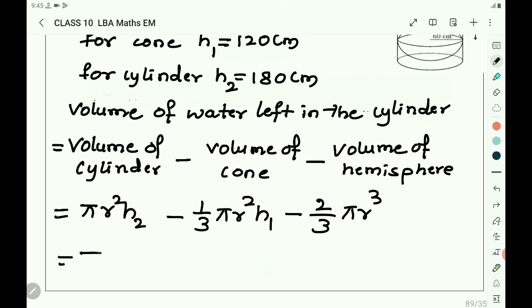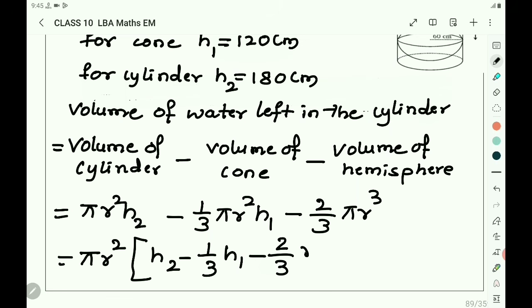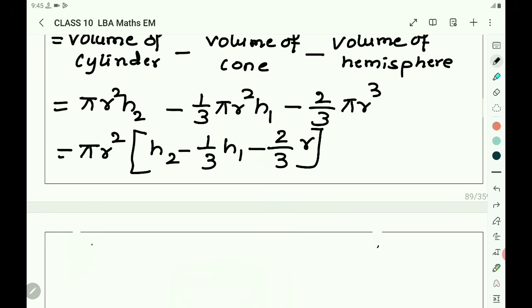Then you write pi r square equals H2 minus 1 by 3 H1 minus 2 by 3 R. Here R cube is there, R square is outside, then what is remaining? R is remaining.